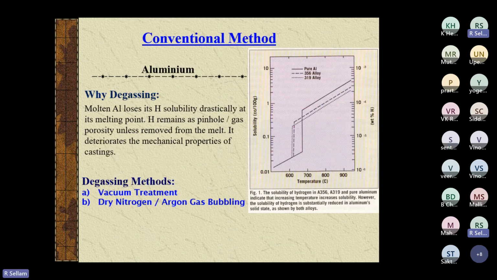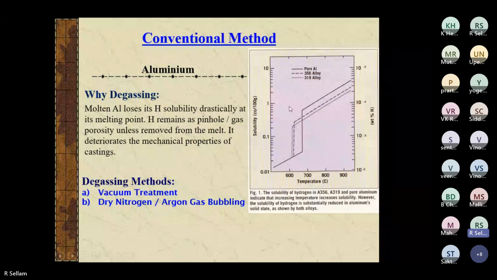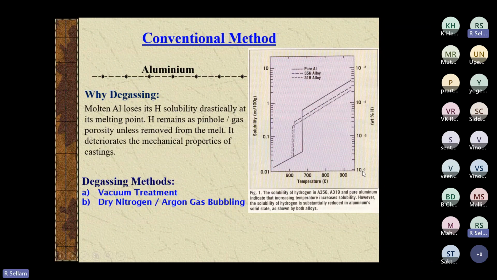The conventional method of aluminum degassing. Why degassing? Molten aluminum loses hydrogen solubility drastically at the melting point. Solubility is measured in cc per 100 grams, or in ppm, like 1 ppm, 10 ppm, then 100 ppm.